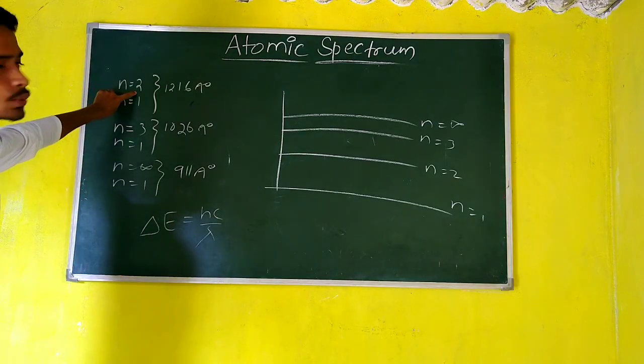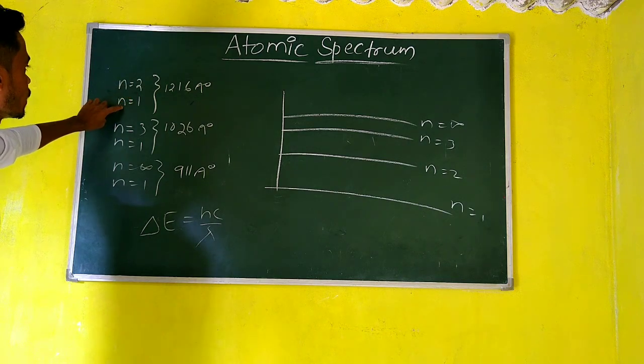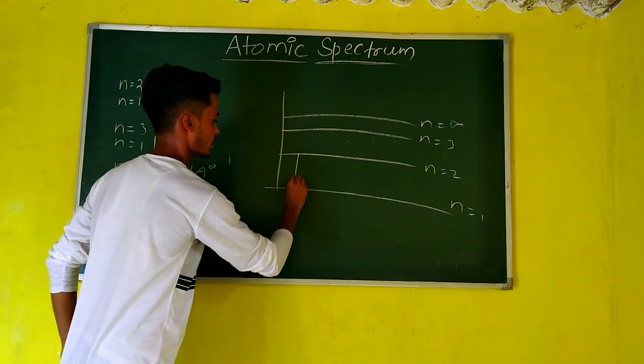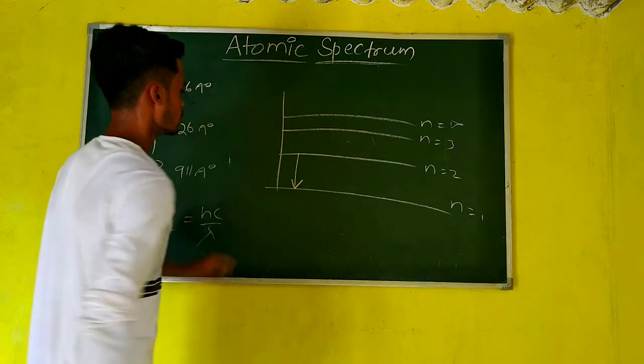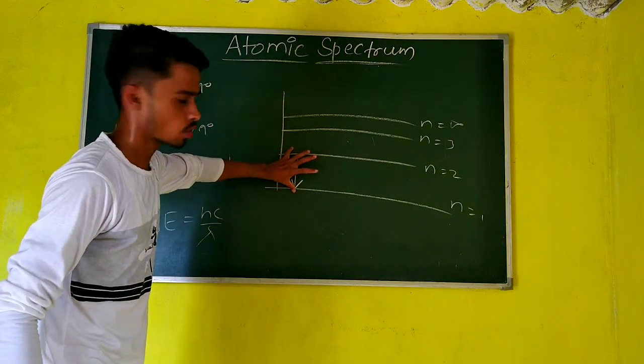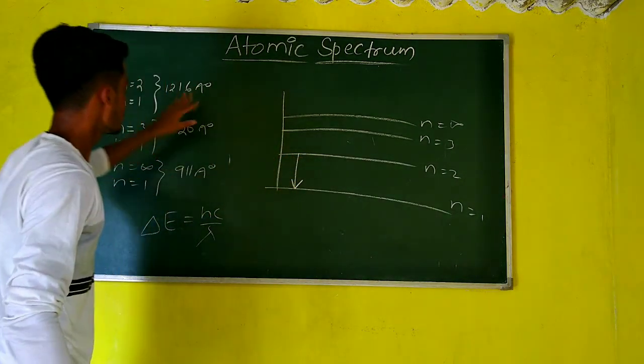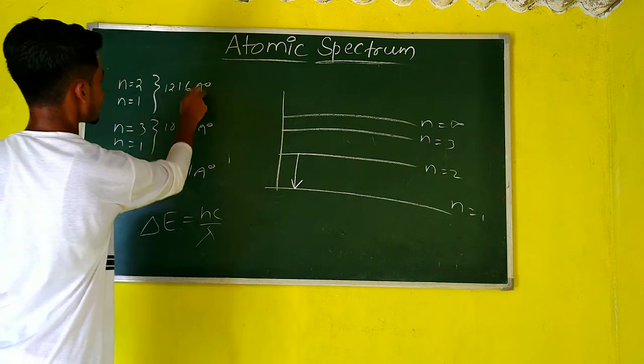If n equal to 2 and n equal to 1, it means the electron jumps from second energy level to first energy level. This transition is the shortest, but the wavelength of this transition is the highest, 1216 angstrom.